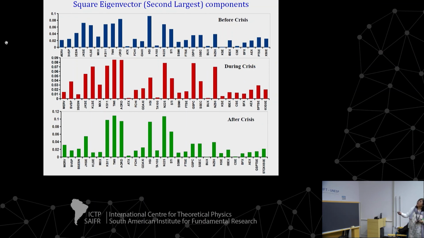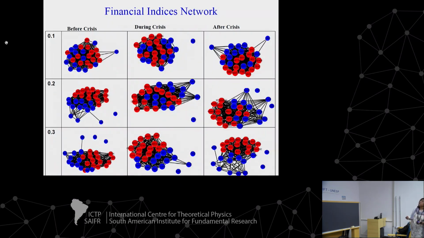And one can examine also the second largest eigenvectors and so on. So there are different clusters. Here I'm showing you a picture of the networks. This is the one before the crisis, this is the one during the crisis, and this is after the crisis, for different thresholds. Okay?